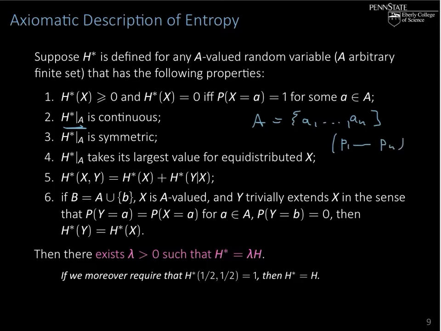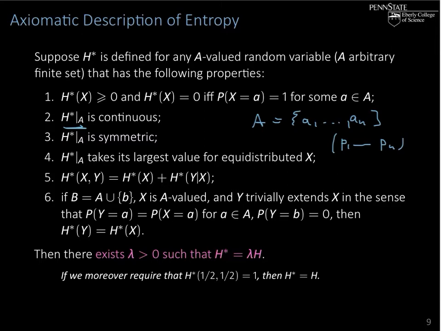We further require that this identity holds. This may look a little bit suspicious, because it seems that we need to have defined entropy in order to define the joint entropy and the conditional entropy. But if you look at the actual definition of joint entropy and conditional entropy, you only need to know the joint distribution.